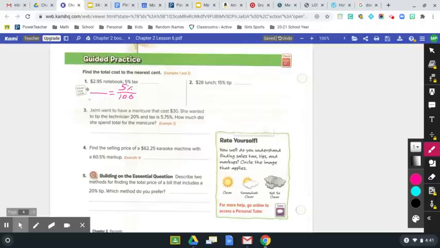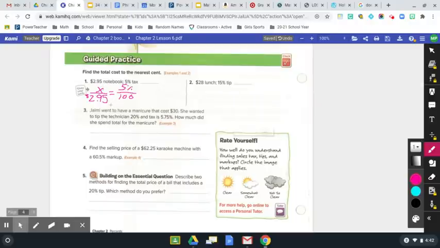In this first fraction, we've talked about the part and the whole. Now, the notebook is $2.95. That's the regular price. So $2.95 is the whole that goes in the denominator. We need to find the part, the tax amount on that $2.95 notebook. So the X goes up top here.